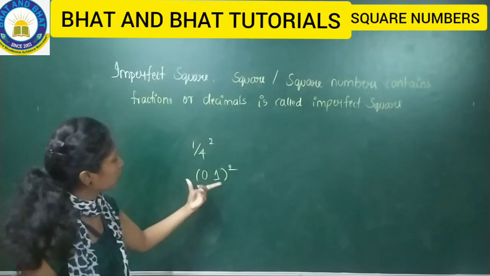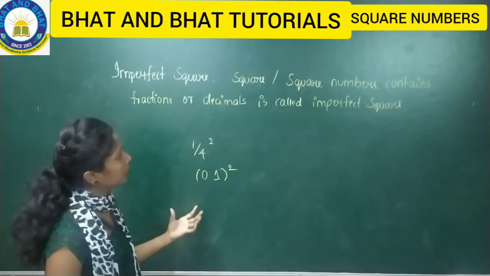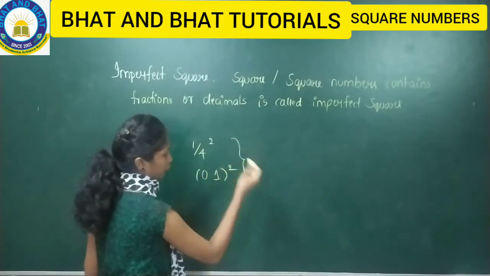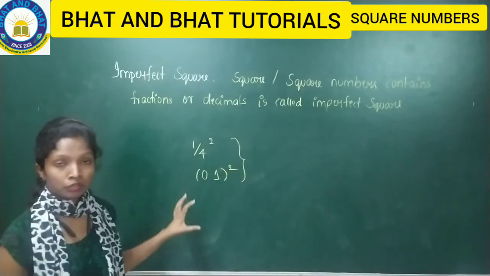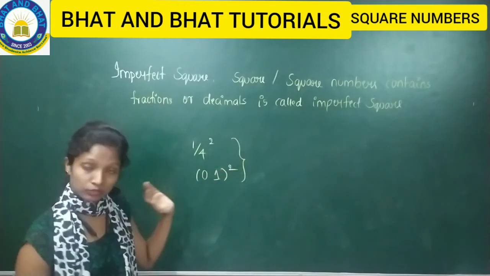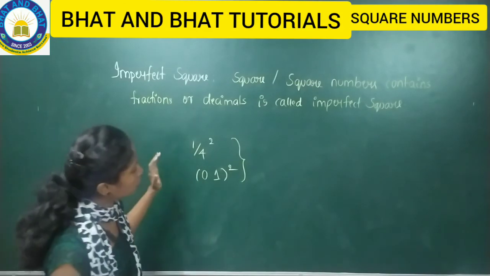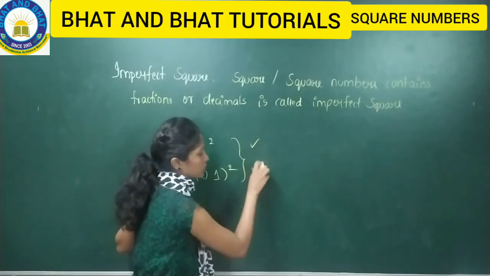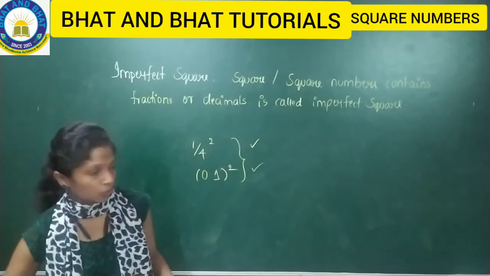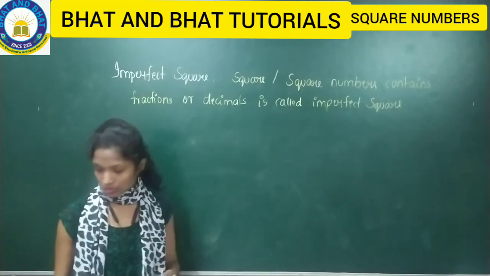When you do this, the answer will be in decimals only. When you get these kinds of problems, we never call this a perfect square. We always consider the numbers which are in fractions and decimals as imperfect squares. So this is about your imperfect square. You can copy down this meaning now.